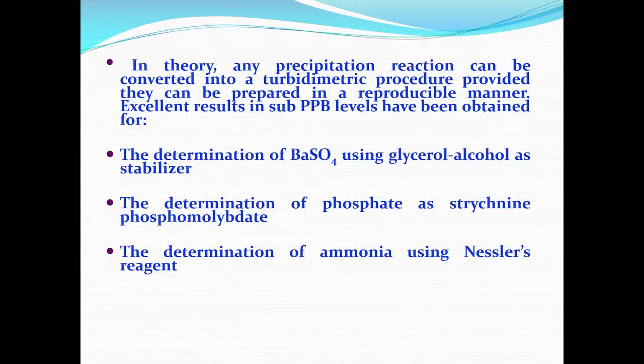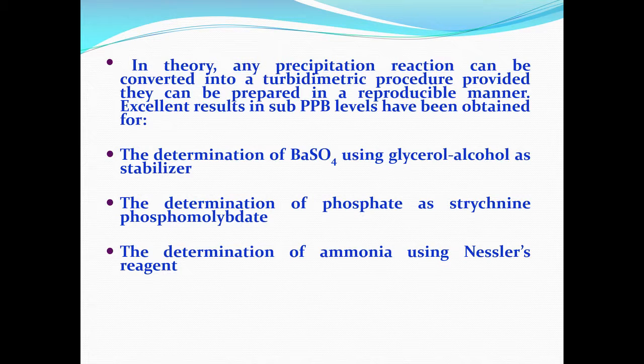another example is the determination of phosphate as strychnine phosphomolybdate. This is also a very important concept for the determination of phosphate. Strychnine phosphomolybdate precipitates as a yellow powder, and if it is in water it can be held in suspension using polyvinyl alcohol, approximately 1 ml of 1% in 25 ml.